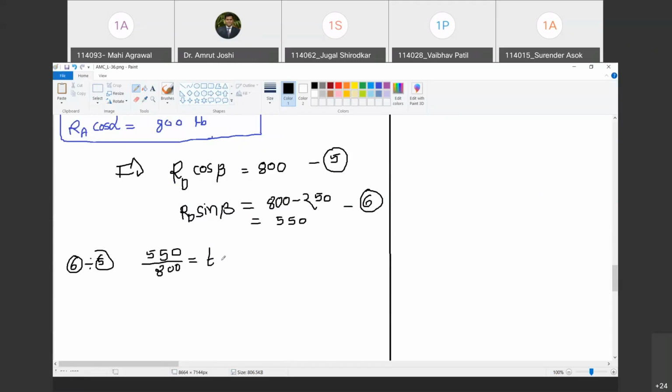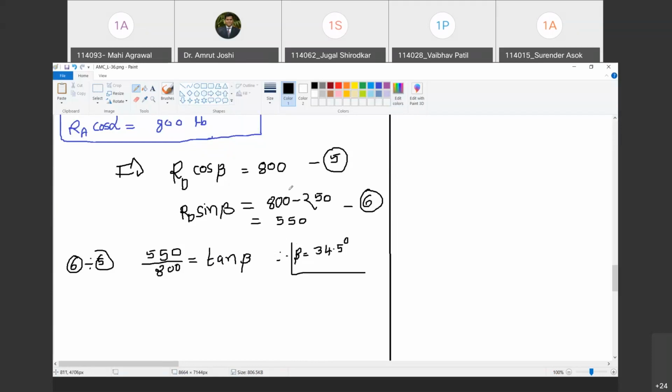Do you agree with me? Yes, sir. So what is the value of beta? Beta is equal to, tell me. Sir, 34.5. 34.5 degrees. So beta is now known.